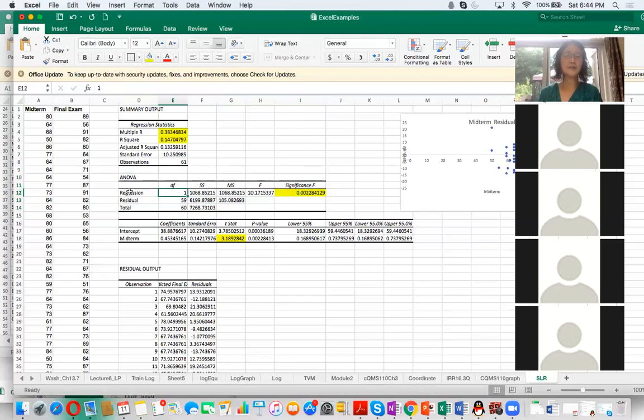So degree of freedom for regression is 1, means you only have one x, just a midterm. You do not have a quiz, you do not have lab.